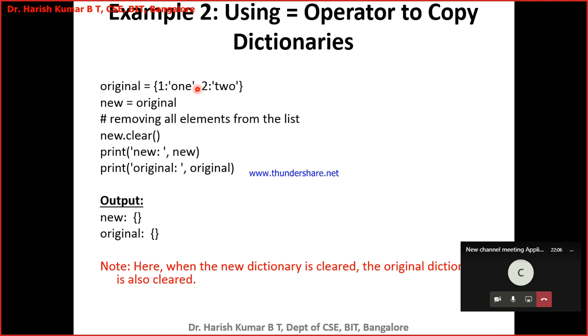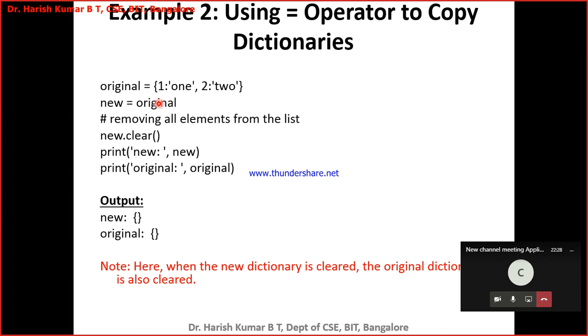So I have my original dictionary here. I am creating another dictionary by using the equal to operator: new is equal to original. Since the RHS is a dictionary, the LHS is also a dictionary. Now I'm using the clear method, which you have already understood in the previous class.